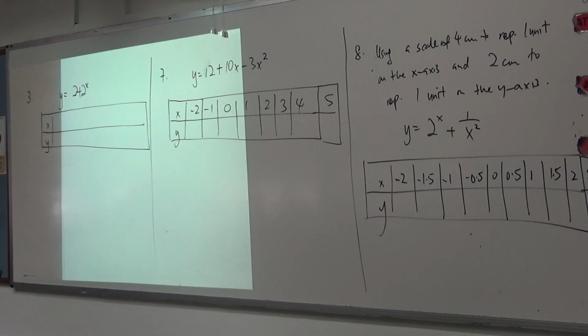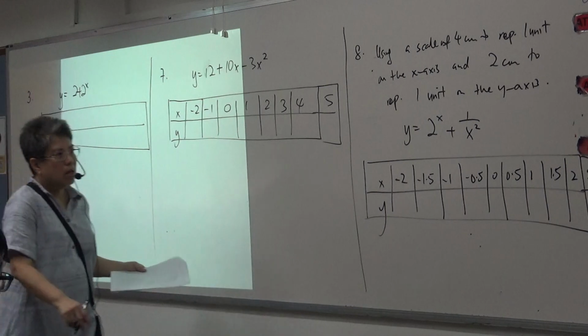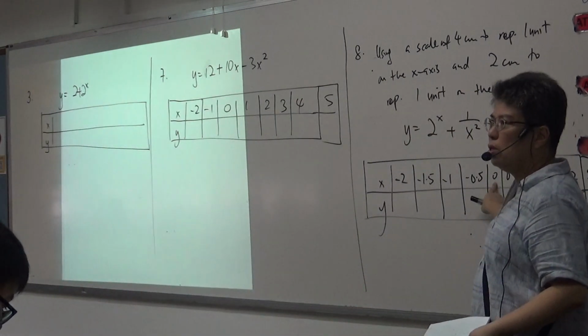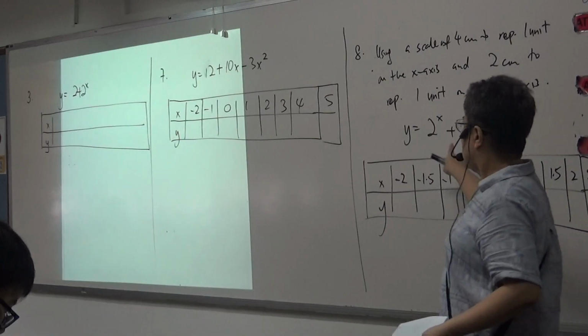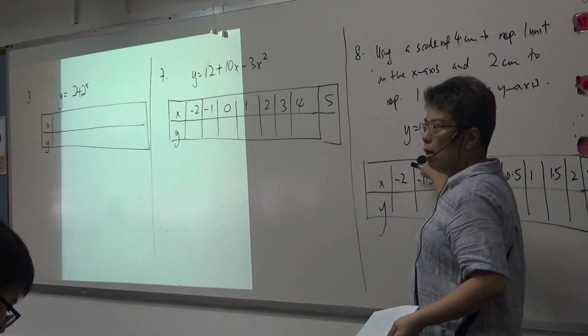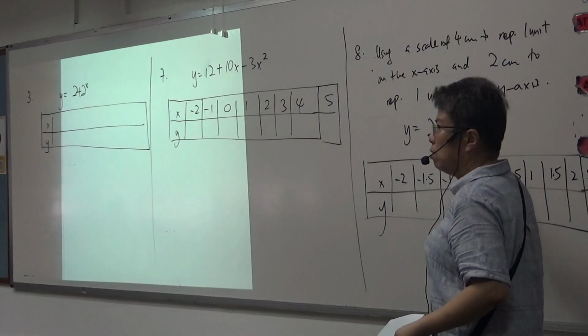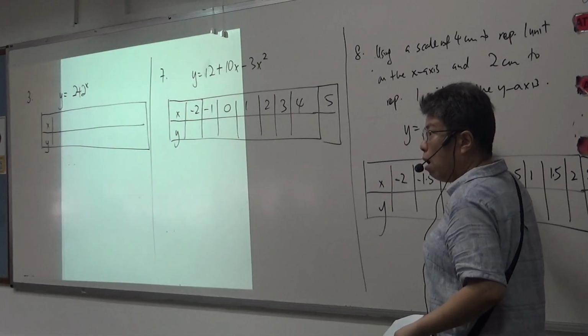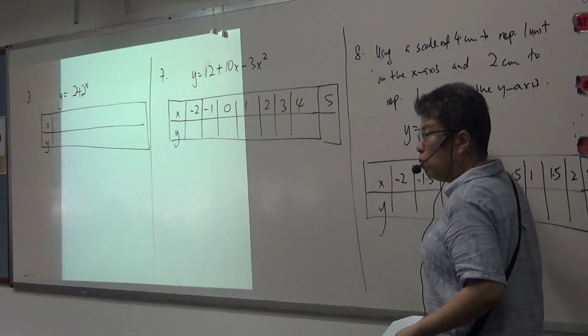If there is no answer, now can you look at the number 0? All of you look at the number 0, excuse me. If it's 0, this is 1, right? 1 over 0 is what? Don't come and tell me error.